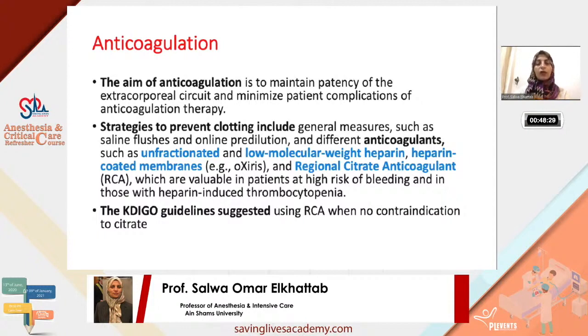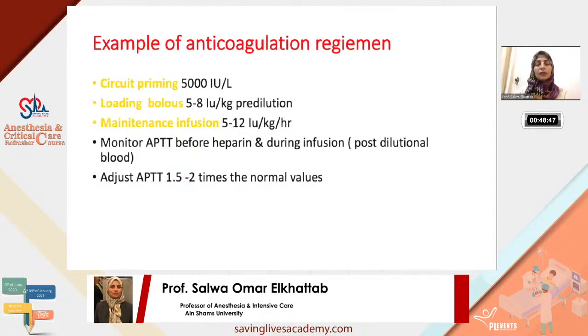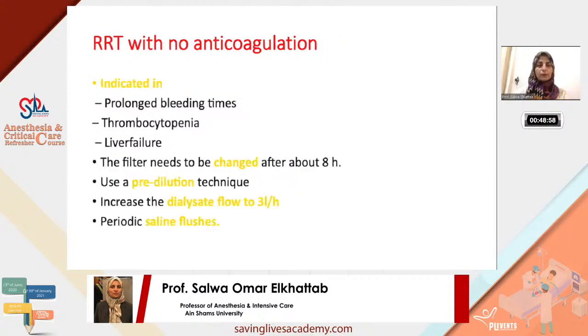You might use unfractionated heparin, which is most common, or low molecular weight heparin. You might also use what's called regional citrate anticoagulation. This is the most recent, and this is what was recommended by the guidelines. We might use it locally to the circuit, pre-circuit, or you might use it systemically, and this is not that much recommended.